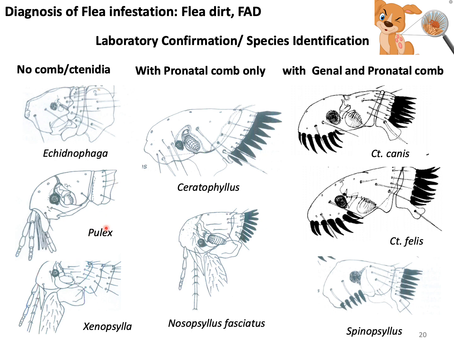Sometimes it is very important to differentiate between these two, Pulex and Xenopsylla. So all these three flea, there is no comb, that is there is no pronotal comb, there is no genal comb. So based on some other characteristics, you have to differentiate which one is which. So in case of the Pulex species, there is a bristle here.